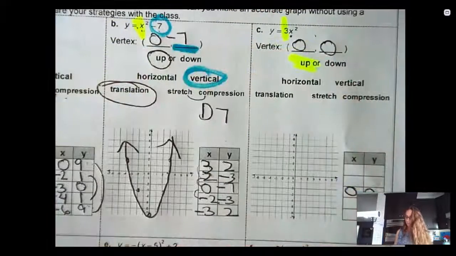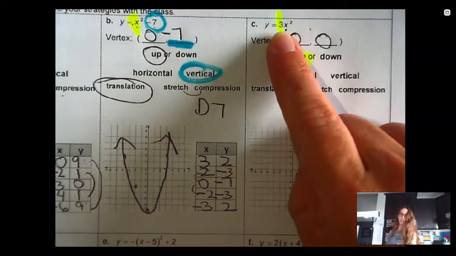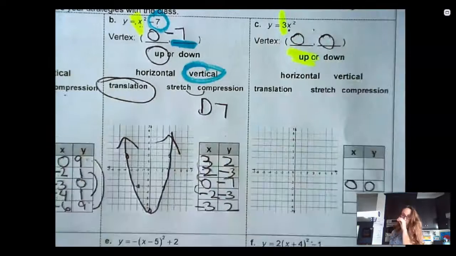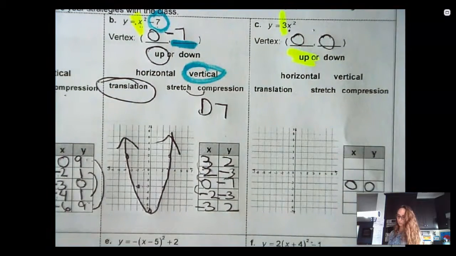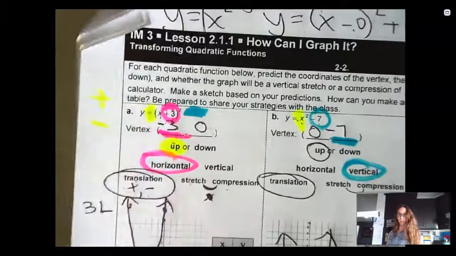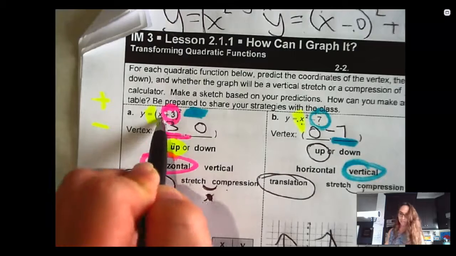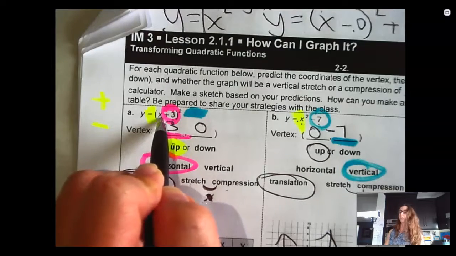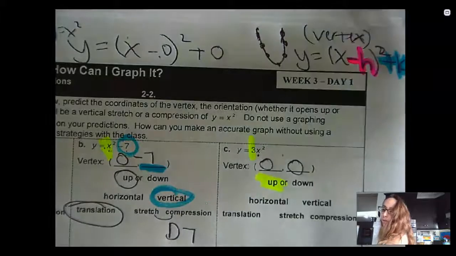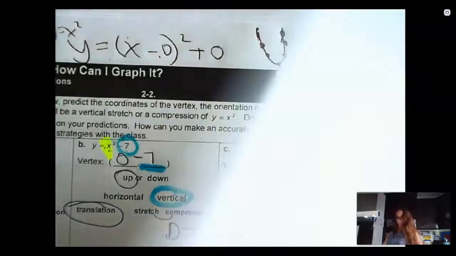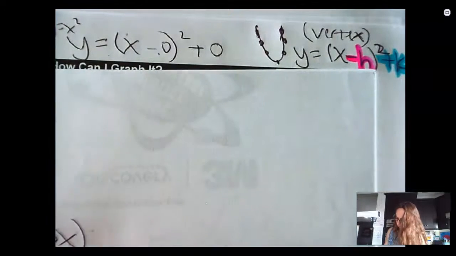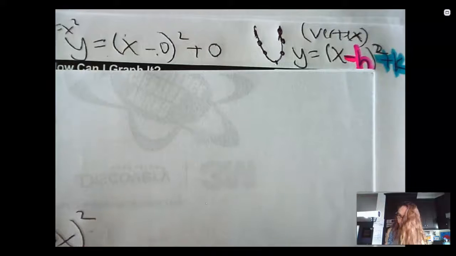Now, I have to decide if this transformation is a horizontal transformation or a vertical transformation. Let's remember from before, if it's with the x, then you know it's horizontal. And some of you go, well, it looks like it's with the x. Okay, let me get some scratch paper. Which one do you think looks like it's with the x?